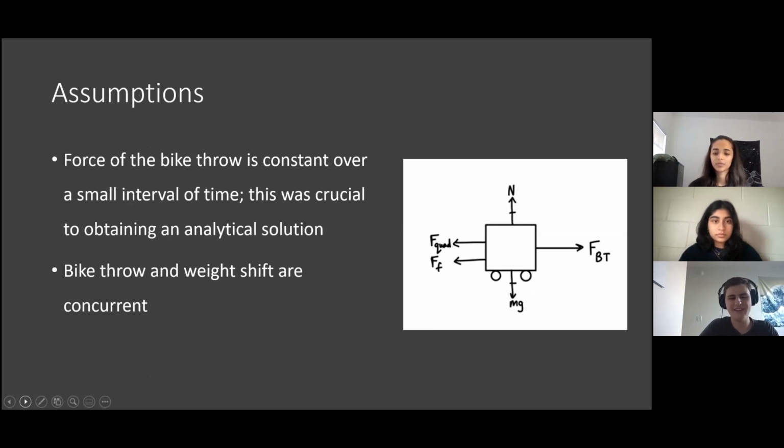So we restricted ourselves to more analytical solutions and tried some numerical techniques, but overall we went with an analytical solution. We also could have used more advanced mathematical techniques to improve the accuracy of our differential equation. We also assumed the bike throw and the weight shift occur at the same time to simplify this kind of motion.